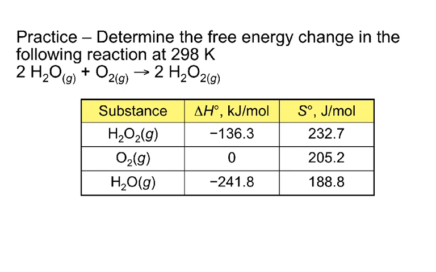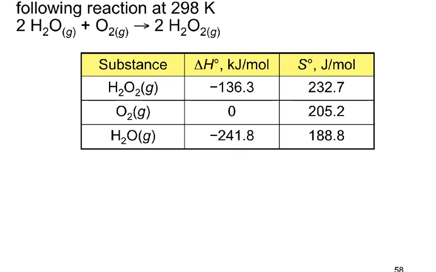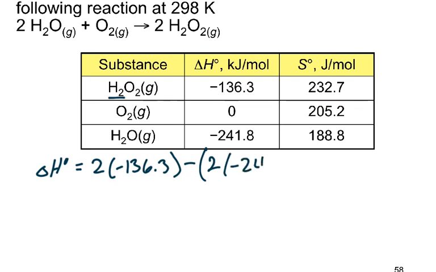All right, another practice one here. Determine the free energy change, so that's going to be my delta G, in the following reaction at 298 Kelvin. So 2 water plus oxygen goes to 2 hydrogen peroxide. So I'm going to want to find my delta H under standard conditions, which is going to be 2 times my peroxide, negative 136.3, minus 2 times my water, negative 241.8, and then my oxygen is 0, so I don't have to worry about that.